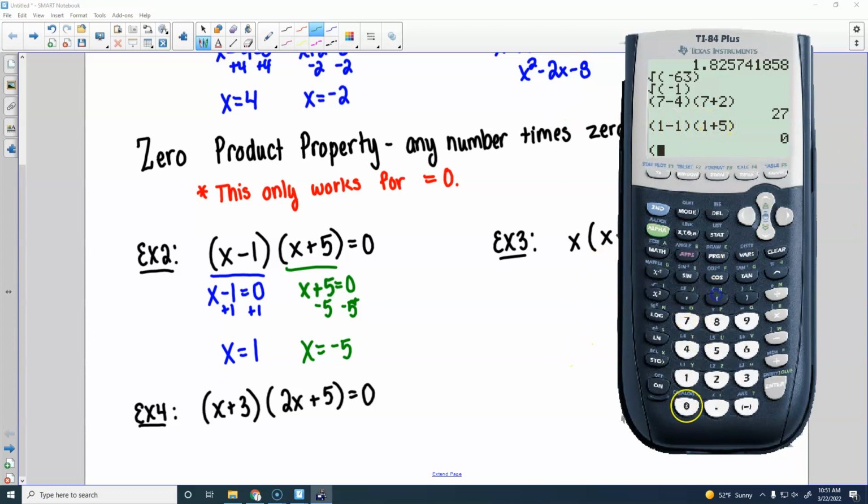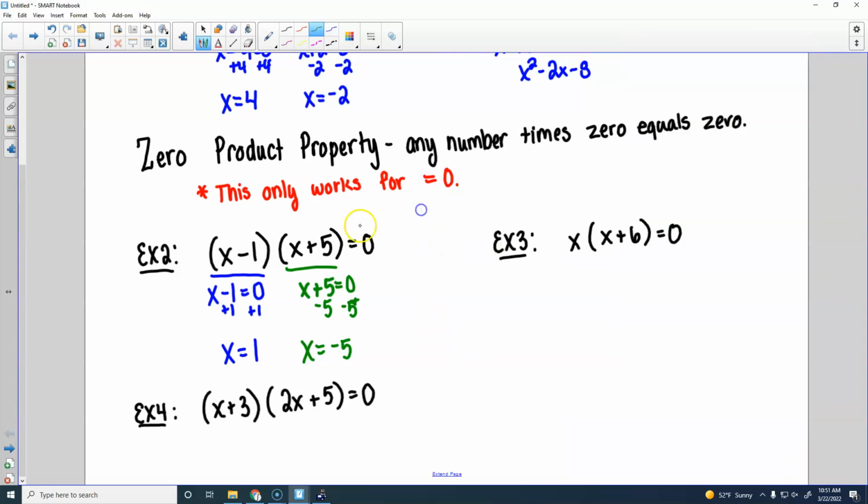And then if you do negative 5, negative 5 minus 1 times negative 5 plus 5, you can check these in your head too. Just type it into your calculator. You'll get 0. Okay, so you can see it's just really the opposite sign of whatever you're adding or subtracting there for those problems.